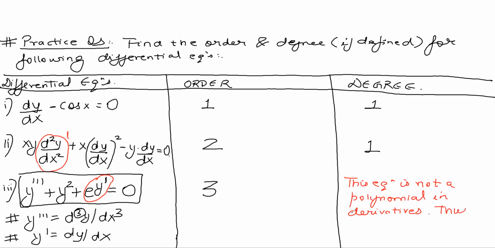Thus, degree is not defined. Since it is not a polynomial in the derivatives, hence the degree of this equation is not defined. So I hope all students have understood this question.